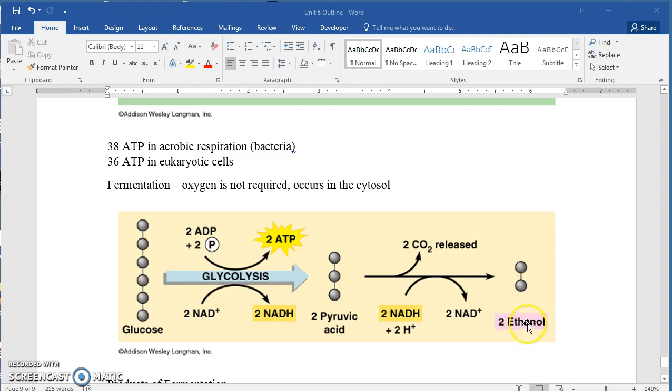Here they're showing ethanol. It could be lactic acid, but there's still energy in this, and it is possible to use ethanol as an energy source. Usually, the products of fermentation are toxic to the cells that are producing them. We don't produce ethanol, we produce lactic acid. And lactic acid will quickly make our muscles sore as it builds up.